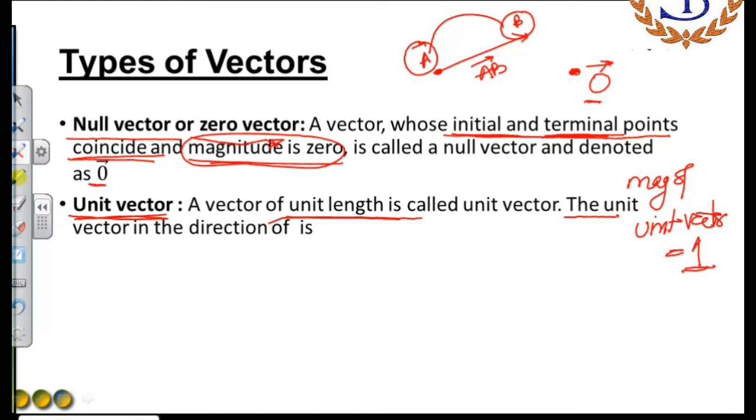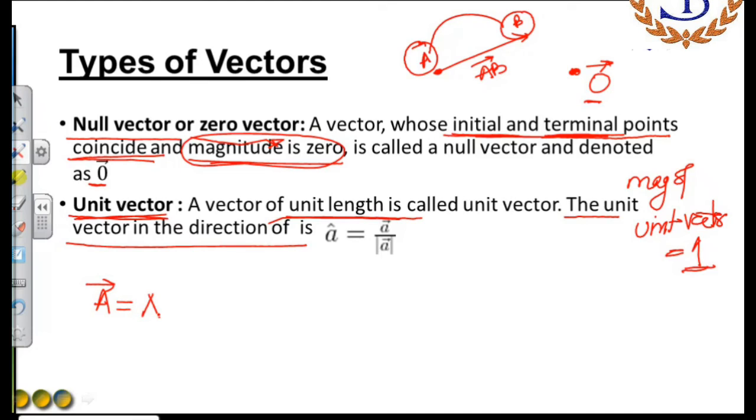The unit vector in the direction of what? In the direction of A. Suppose here a vector A. I am writing here a vector A, and this particular vector is having two quantities.